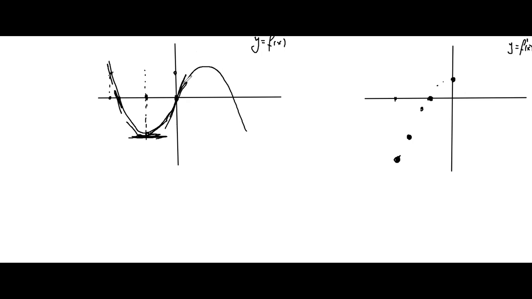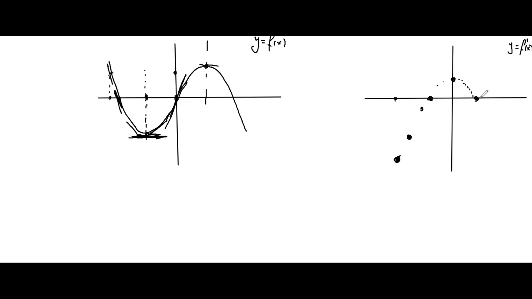And then as I go past 0 on this other side, the derivative is still positive, but it seems to be decreasing, and all the way up to here where it's 0 again, the slope of a tangent line is horizontal. So I'm going to say, well, maybe my derivative goes like this. And over there it crosses the x-axis.